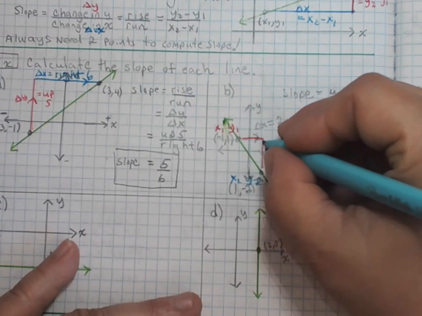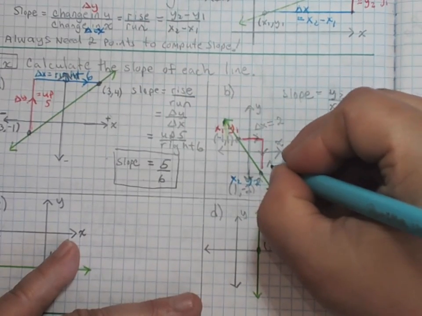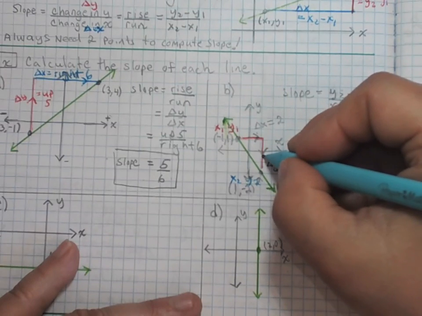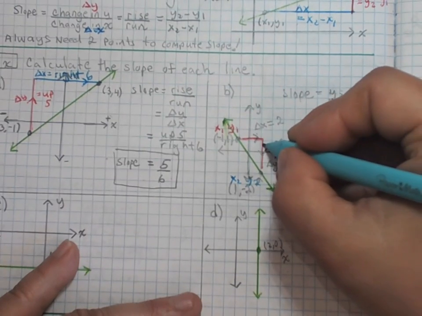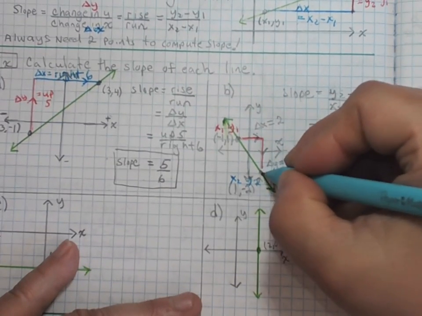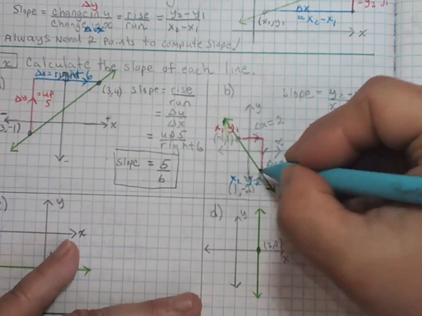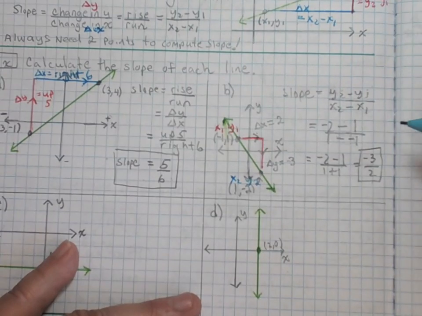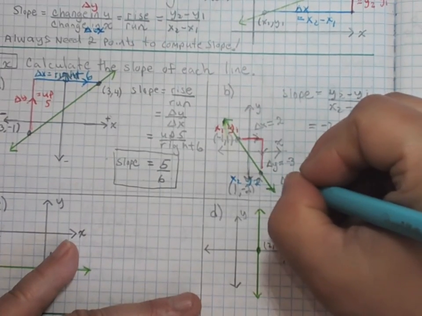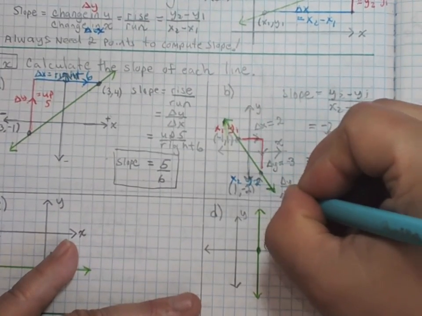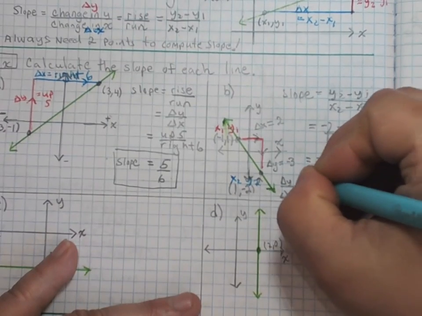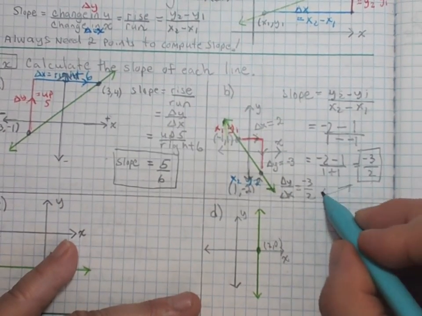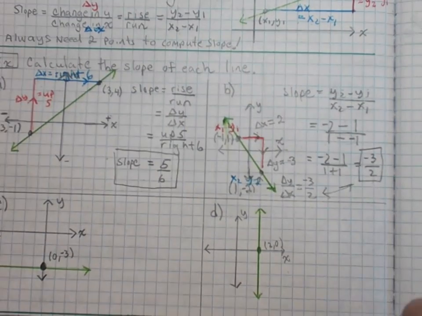My rise is actually going down, so my delta y is equal to down 1, 2, 3. Again, you're counting the number of segments till you get to that point. So it's down 3, so it has to be a negative 3. And then, of course, you put delta y divided by delta x to get your slope number. That's negative 3 over 2. And so you can see that those are the same, using the graph or using the slope formula.